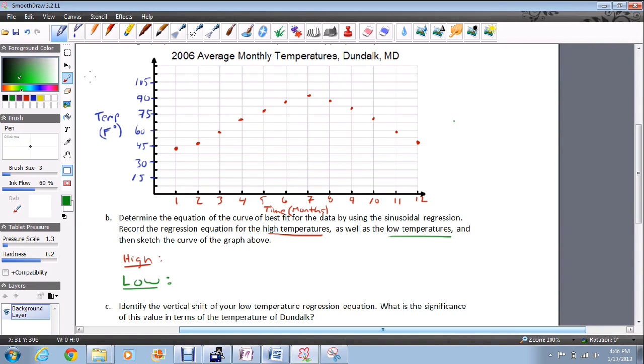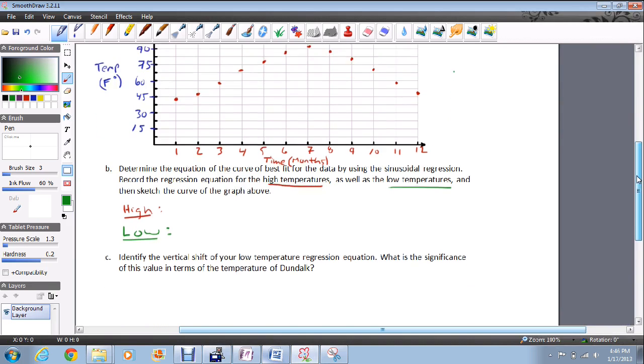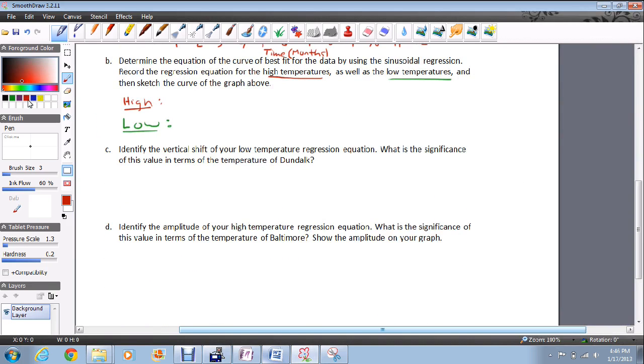So I'll go ahead and write both of those down. The average high was y equals 23.3 sine of 0.50 x minus 1.97 plus 66.9.